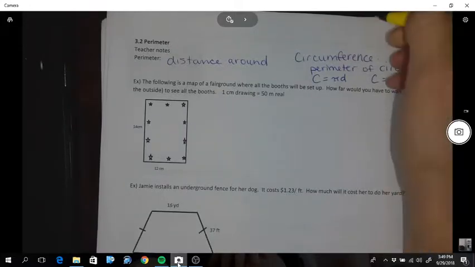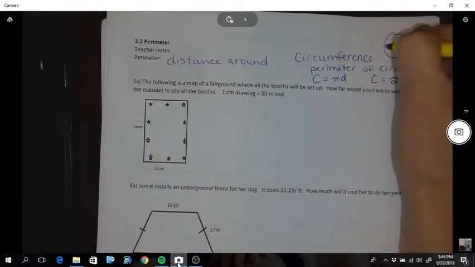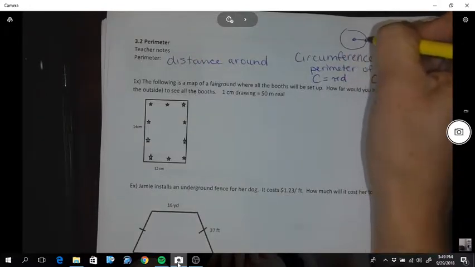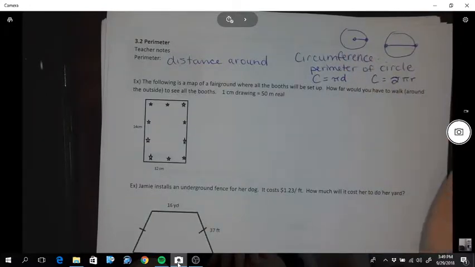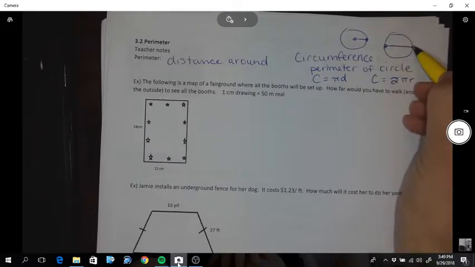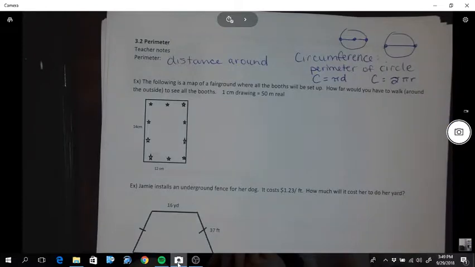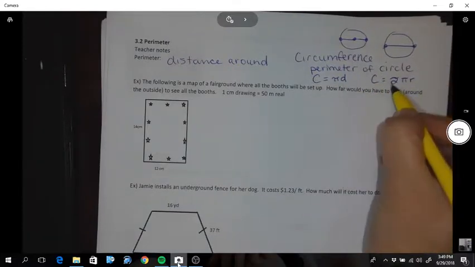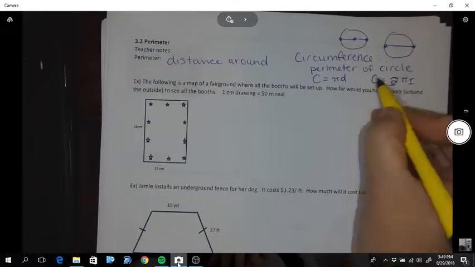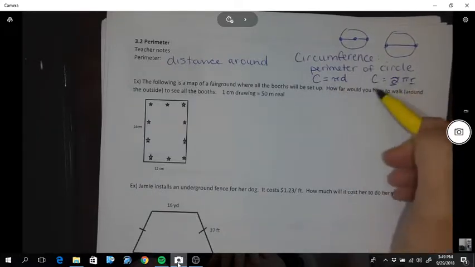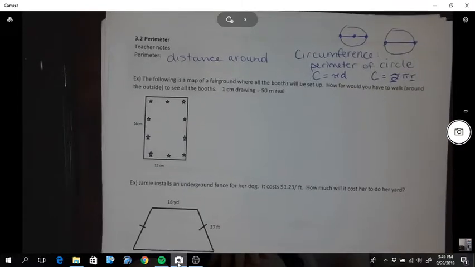And the reason for that is that diameter is all the way across, and a radius is center to the outside, so one diameter is the same as 2 radii. So this formula just replaces the diameter with 2 radii. Okay, so it's the same thing. You can work with whatever formula you wish.